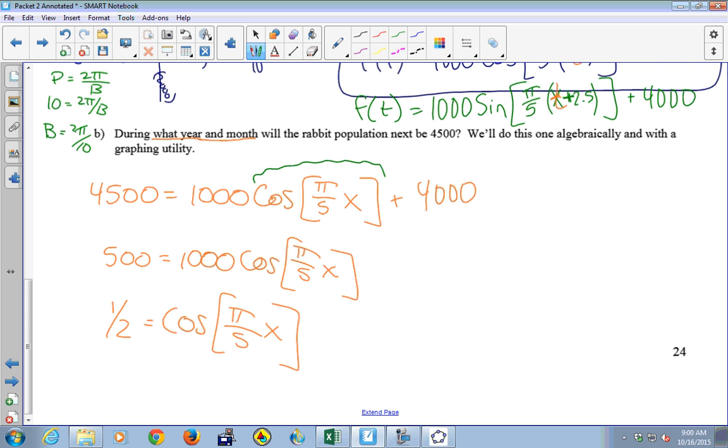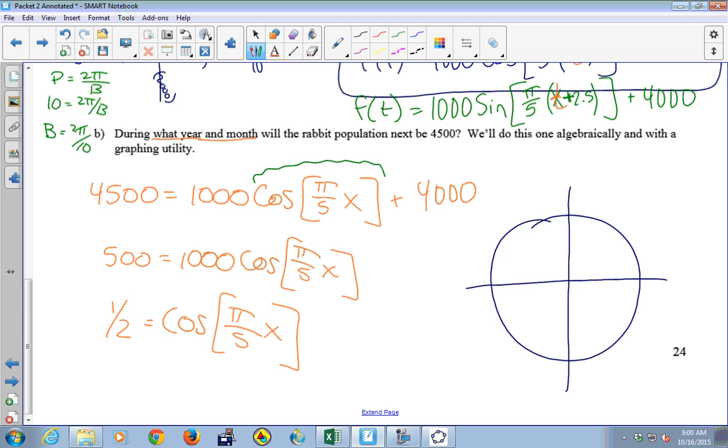So if you don't have the unit circle memorized in your head, get working on that. It'll be useful. So the first quadrant, if you remember, this is √3/2, 1/2. And then the 45-degree angle is √2/2, √2/2.